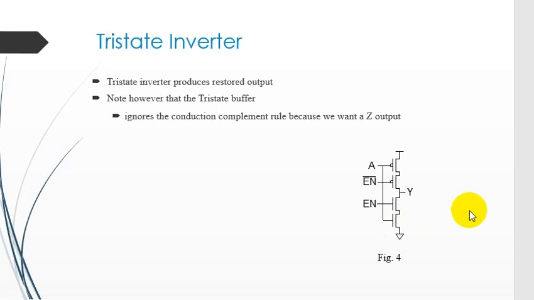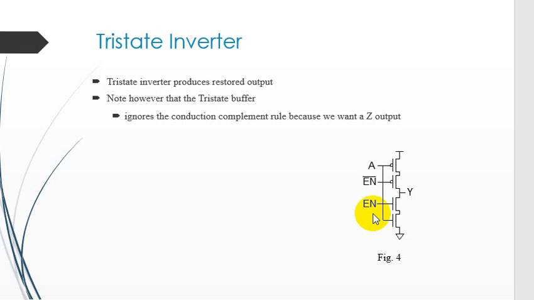So it is basically a restoring logic gate. Unlike any of the gates considered so far, the tri-state inverter does not obey the conduction complement rule because it allows the output to float under certain input combinations.